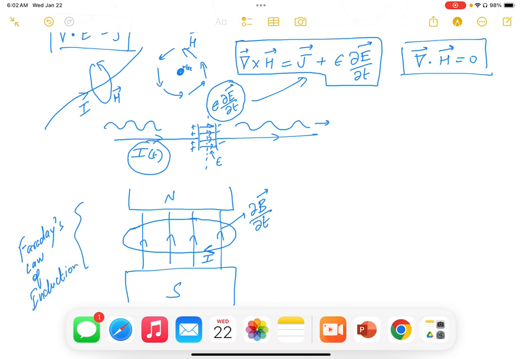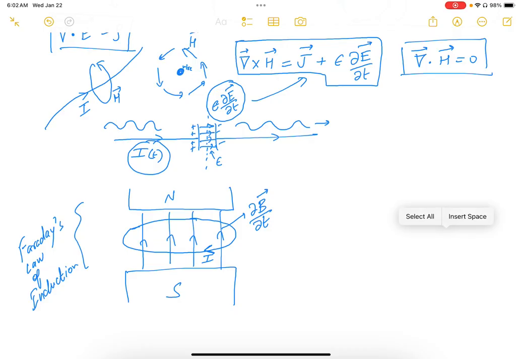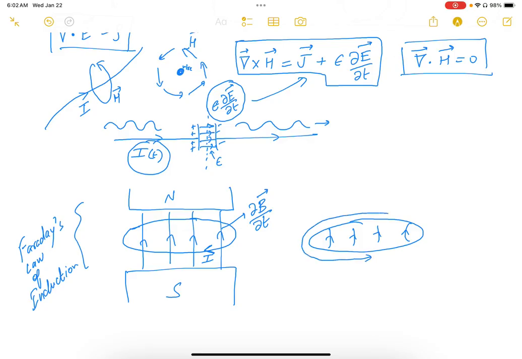Mathematically, what is happening here is that this time varying magnetic field passing through the wire sets up a circulation in the electric field along the length of the wire. This circulation in the electric field generates a voltage along the length of the wire that sets up the current to flow through the wire.